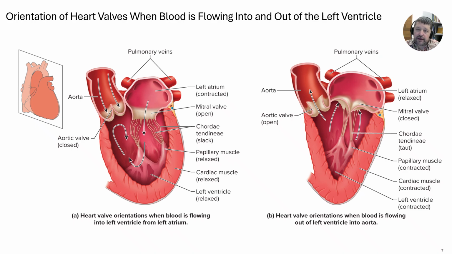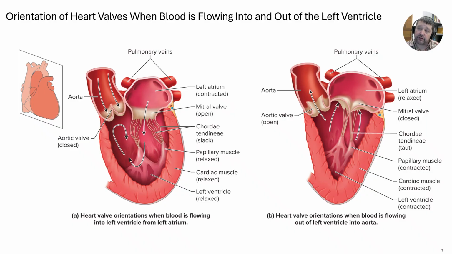So when we're looking at the overall structure of the heart, we've talked about this before, four chambers. You have the right side of the heart and the left side of the heart. When we're talking about the right side of the heart, we're often dealing with deoxygenated blood.